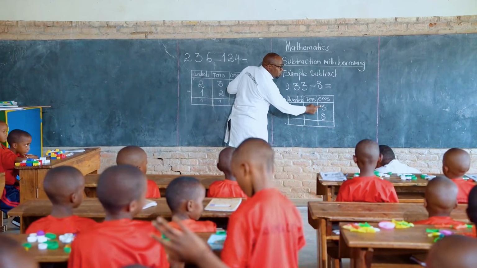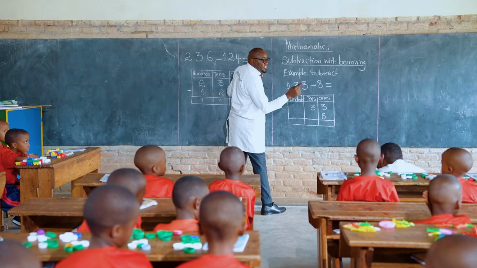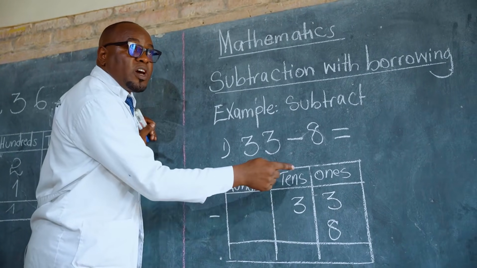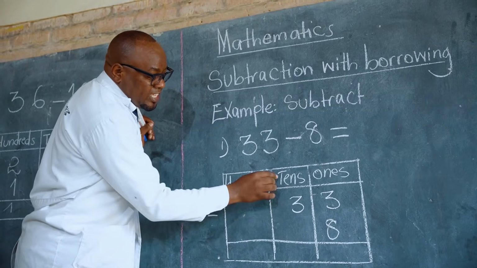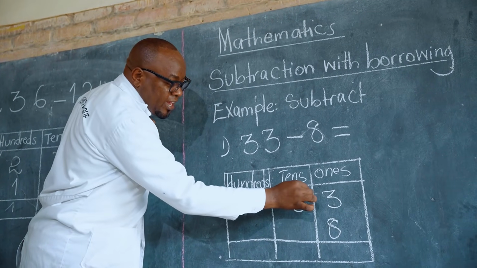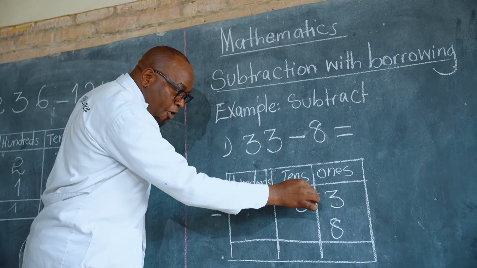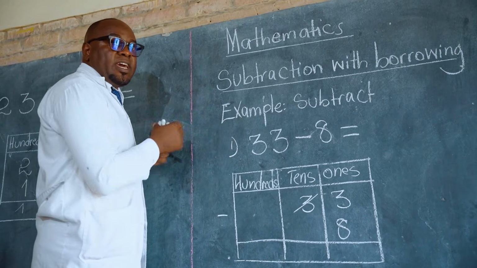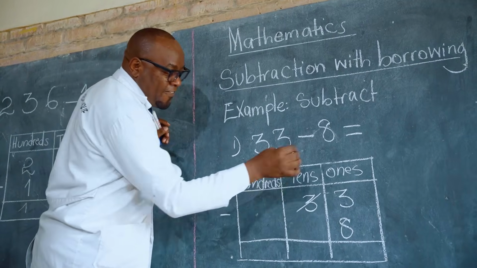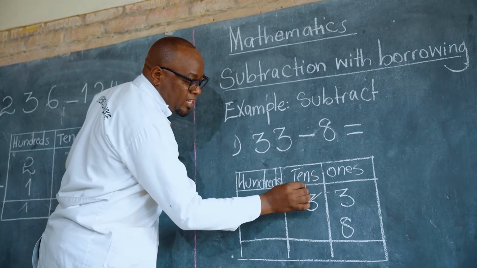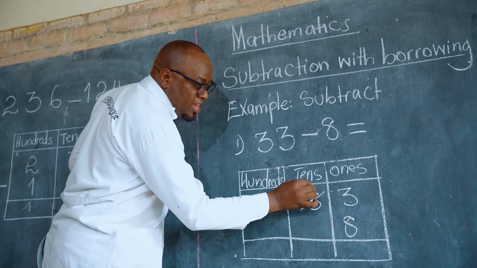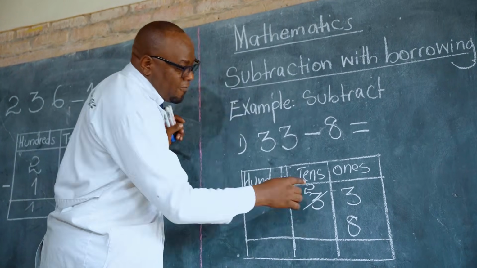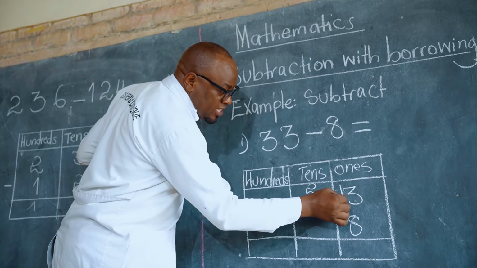When we find that we have ones that are not enough to take away or to subtract, we simply go to tens and borrow 1 ten. Remember there were 3. If I borrow 1 ten to go to that side, I remain with the 2. Then the 1 that I've borrowed comes here.